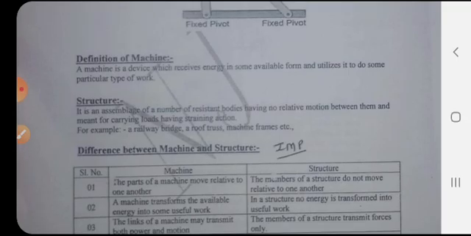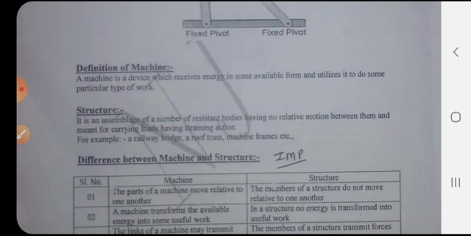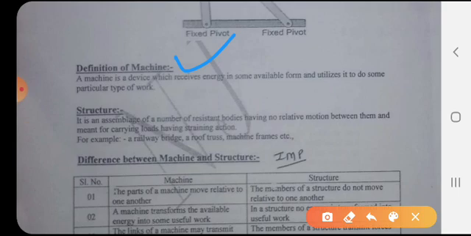Let us discuss the next one, the definition of machine. In the first video I already discussed what a machine is. A machine is a mechanism or combination of mechanisms which, apart from imparting definite direction to the parts, also transmits power and modifies the available mechanical energy into some kind of desired work.